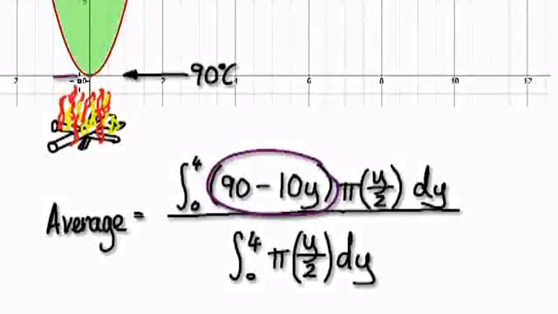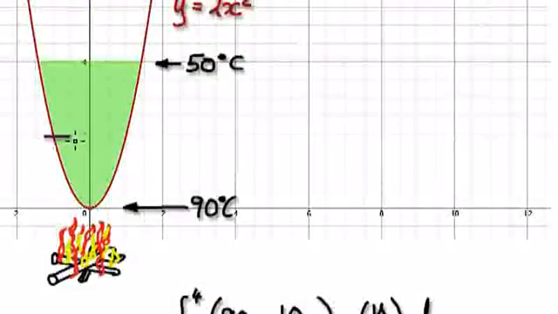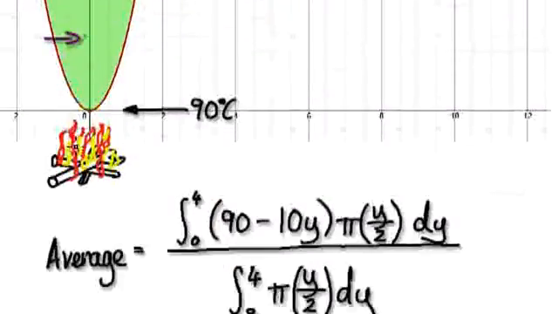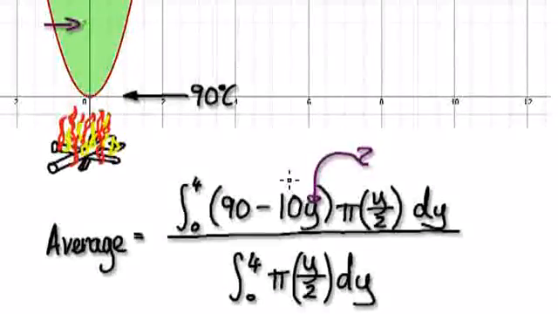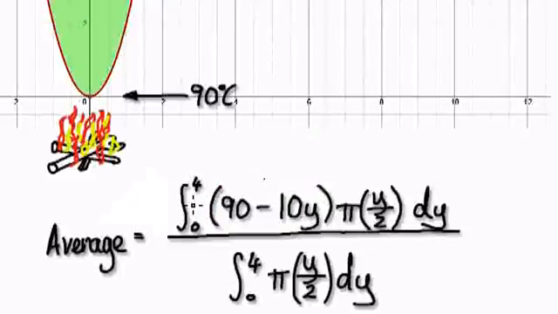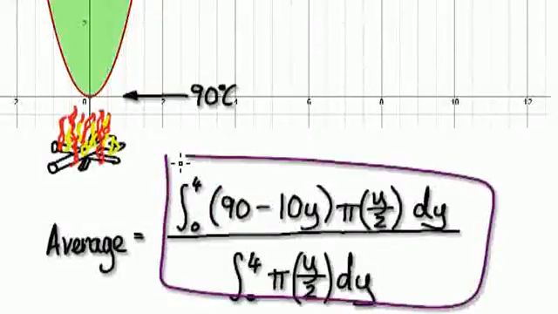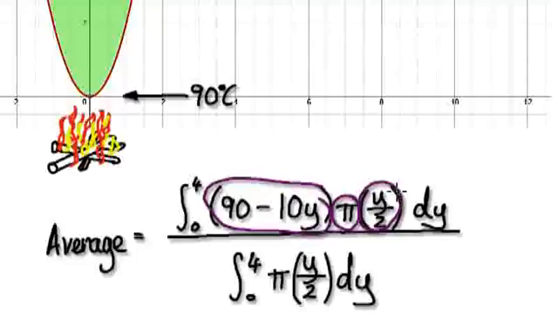So when y is 0, when y is down here, you can see that the temperature will be 90. When y is at 2, you put 2 into this thing here, so this will be 20. So the temperature would be 70 when y is at 2, and so on. So the average is given by this. So now it's just a matter of evaluating this. At the moment, you've got one bubble here times this bubble here.